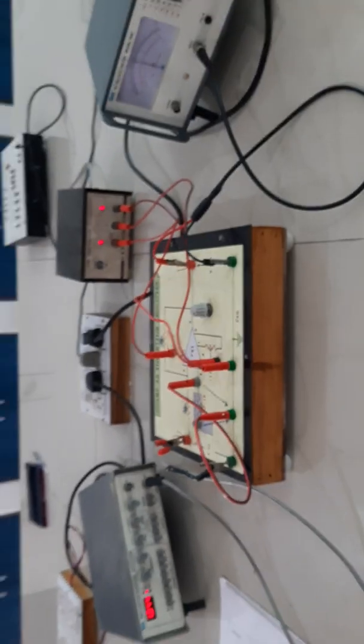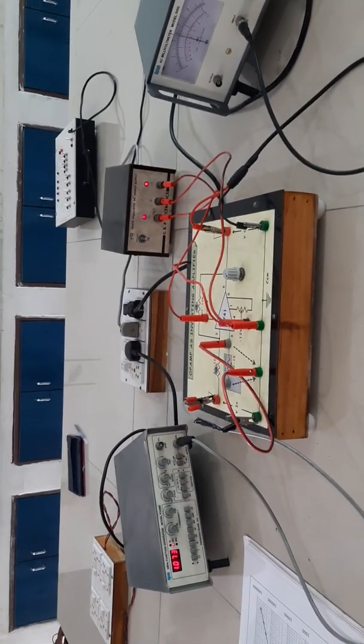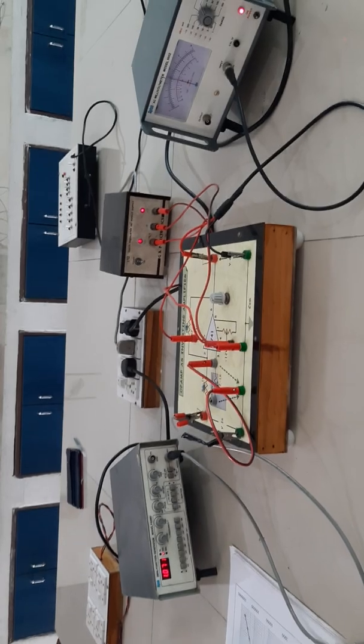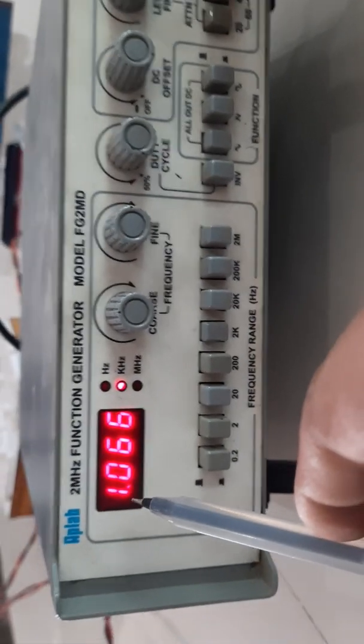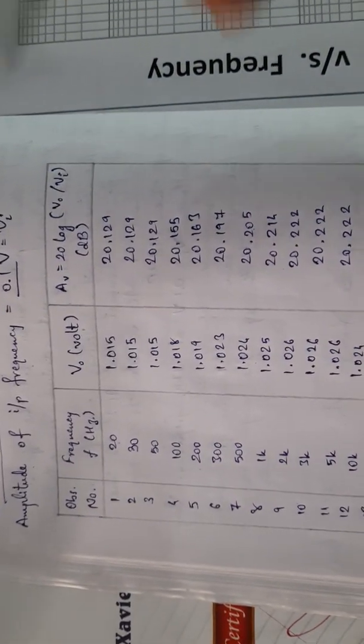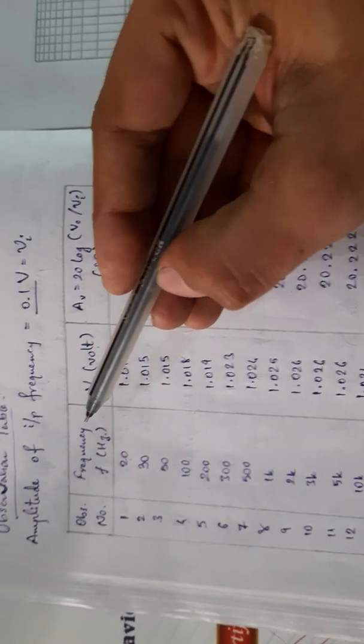Fine. Now this whole experimental process, you can see it over here. I have fixed it for 1 kilohertz, but in practice, if you are doing this experiment, you have to take a number of readings by varying the frequency.